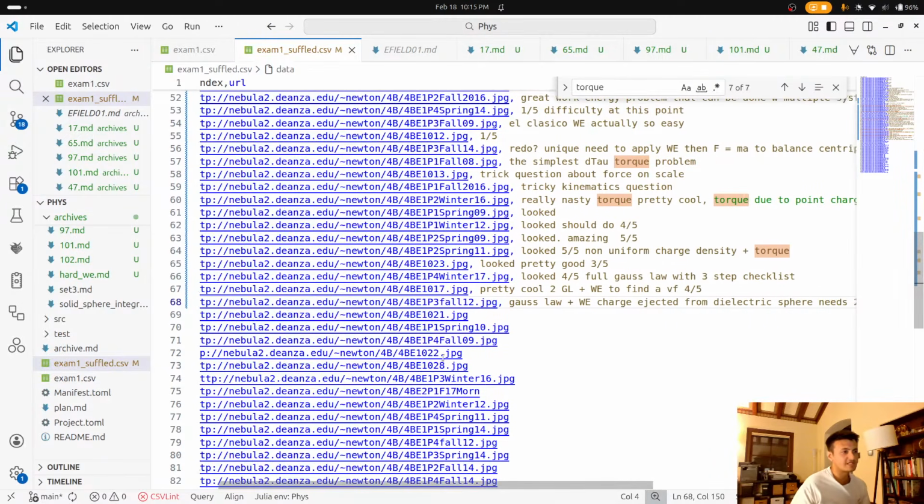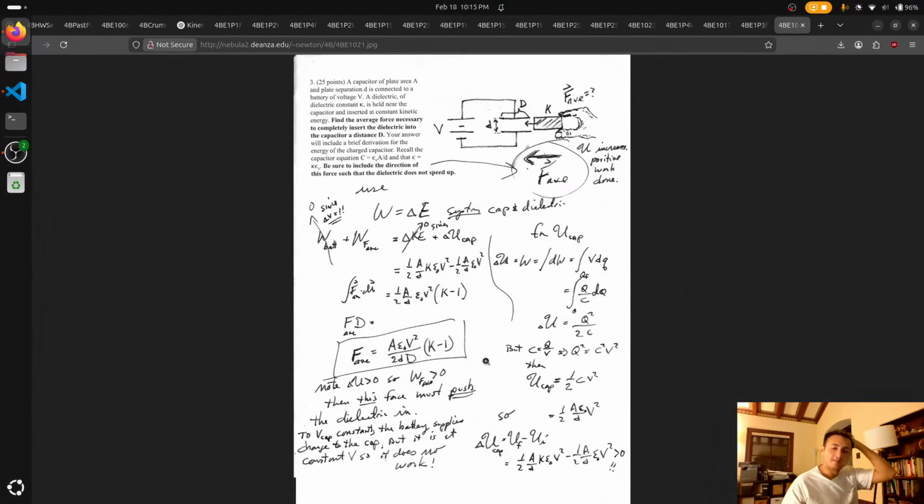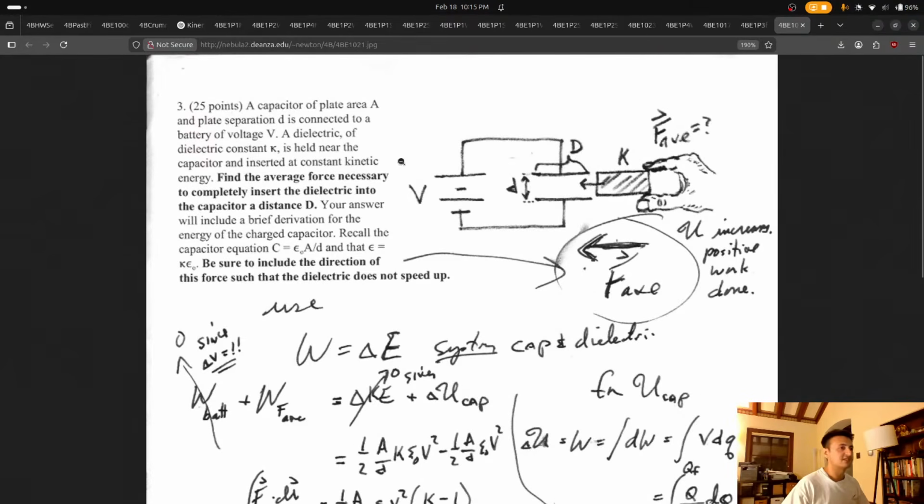He's trying to see if you're going to integrate the same potential function, but the electric field inside the dielectric sphere is going to be different than outside, and that's what he's tricking you on. Okay, I don't think this is going to be on there.